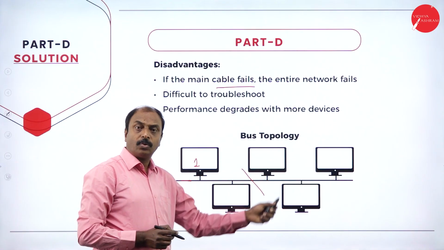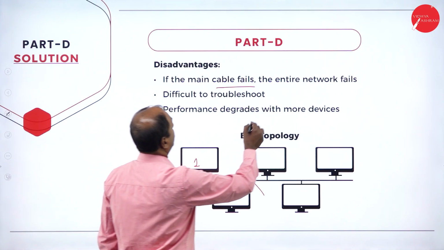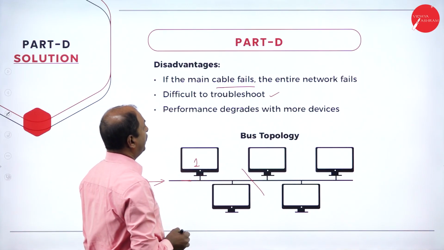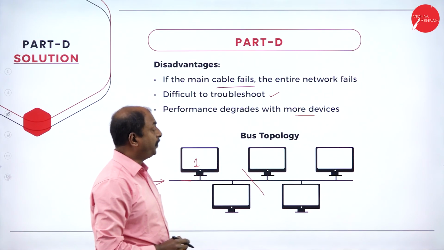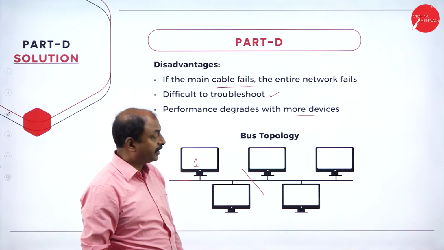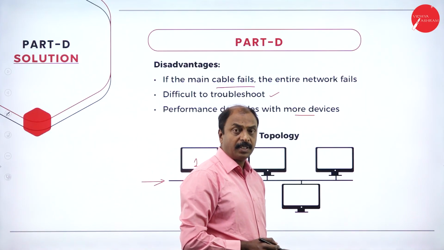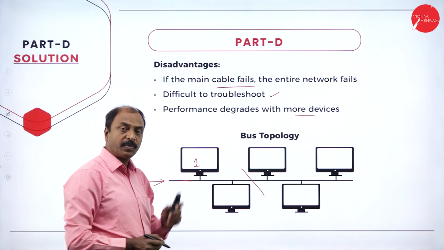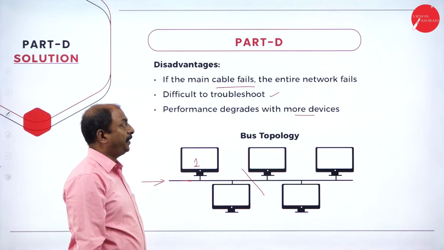So no other nodes are able to communicate among themselves, and it is difficult to troubleshoot, and performance degrades with more devices. So if we keep adding more computers or computing devices to the main backbone cable, it decreases the performance. These are the disadvantages of bus topology.